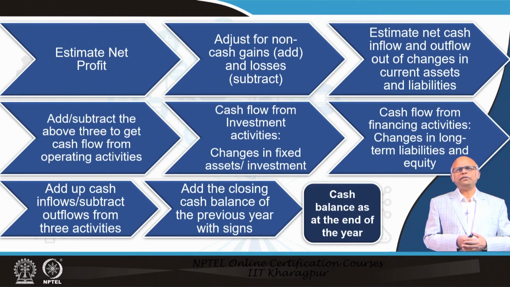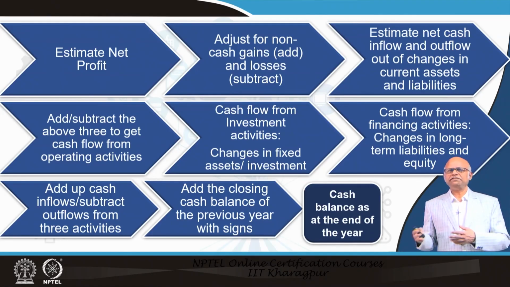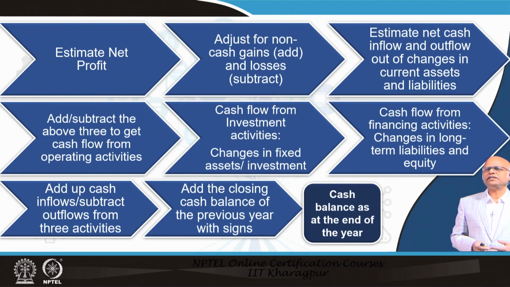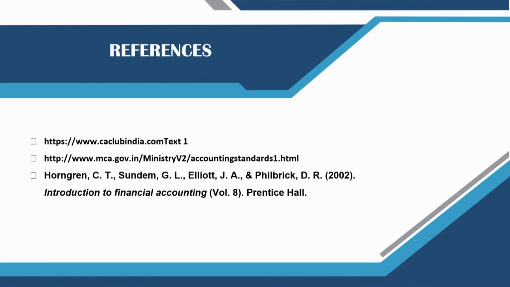Then cash flow from investment activities, change in fixed assets and investment. Cash flow from financing activities is nothing but changing long term liabilities and equity. Add them up, you get the net of the three activities. Eventually, you add them up with the previous year's balance to get the cash balance, and that you take to the balance sheet.